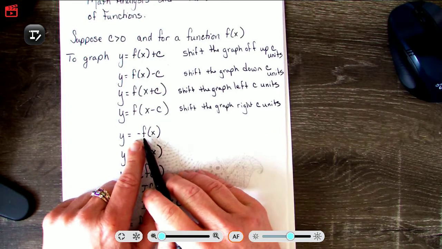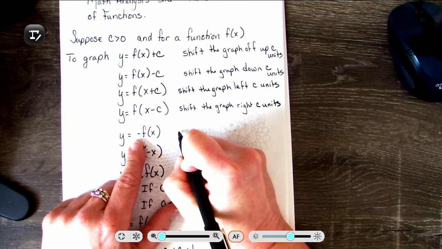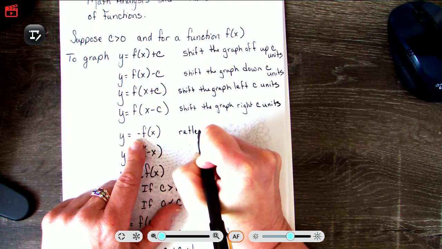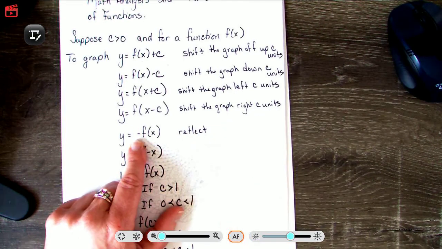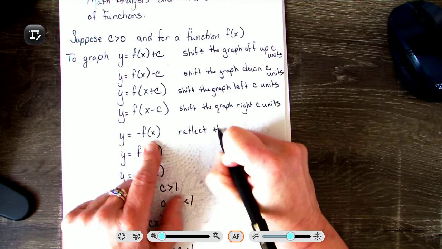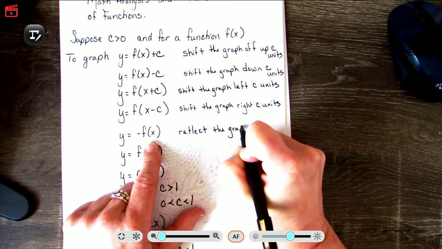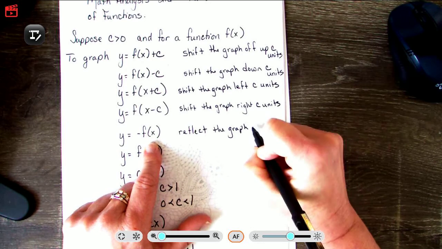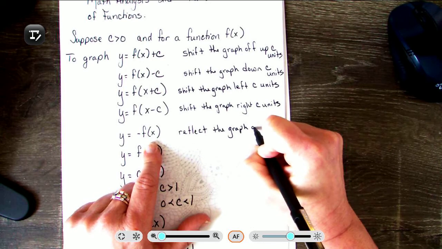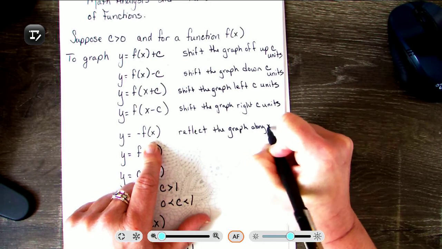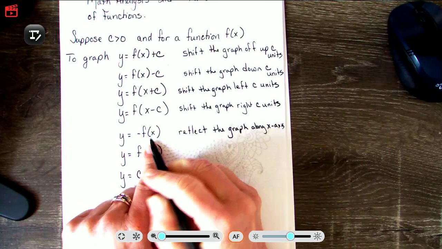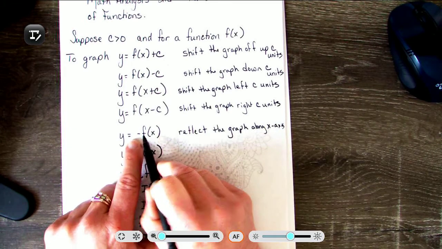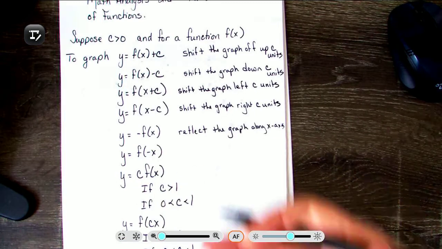These are just some rules to work with. If we have a negative on the outside, this is going to reflect or flip, whichever way you like to think of it, the graph along the x-axis, because it's taking our y values and multiplying them by a negative, so it's going to flip it upside down.